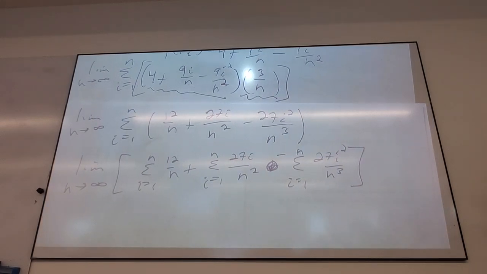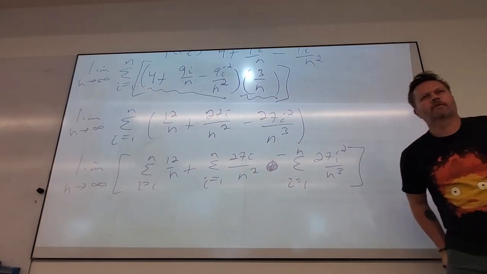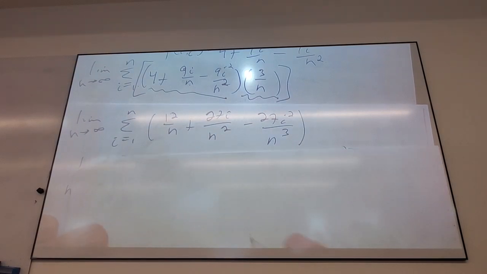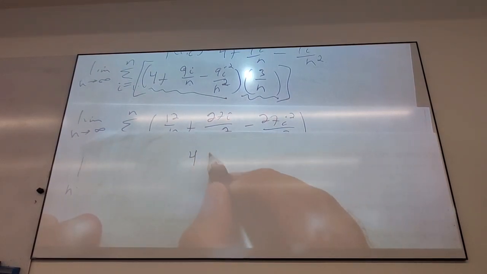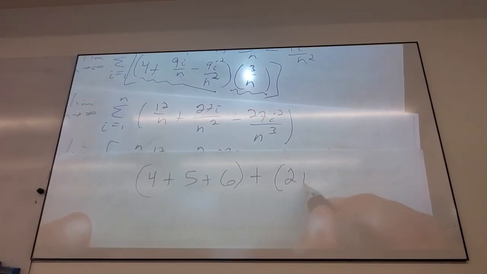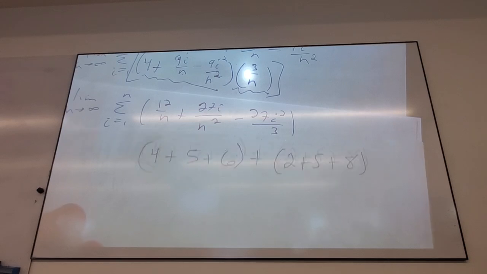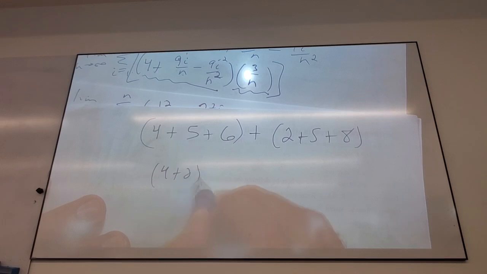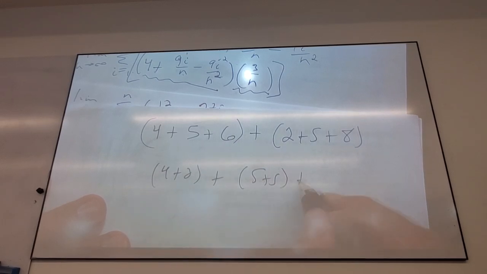Okay, let me make sure this is understood. You guys kind of with me? Don't even write this down. I want to make sure everybody really understands what I just did. If I had to do 4 plus 5 plus 6 plus 2 plus 5 plus 8, isn't that the same thing as 4 plus 2 plus 5 plus 5 plus 6 plus 8?